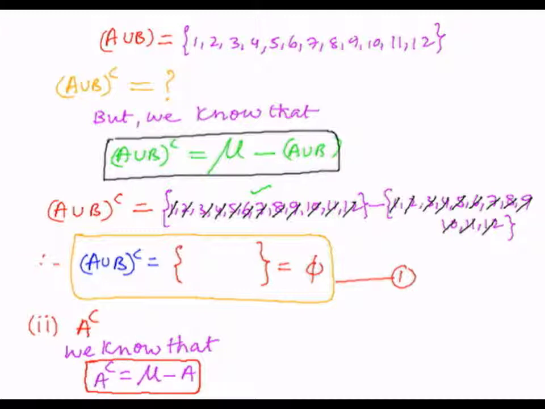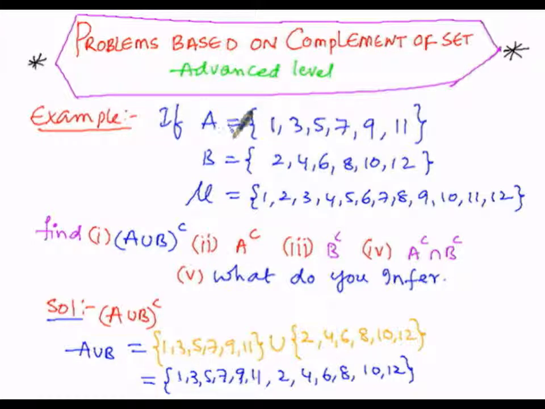Based upon this formula, A complement is equal to mu. The universal set elements are 1 to 12. So we can copy 1, 2, 3, 4, 5, 6, 7, 8, 9, 10, 11 and 12 as the elements of the universal set, and minus set A. As per the problem, set A elements are the odd numbers 1 to 11.